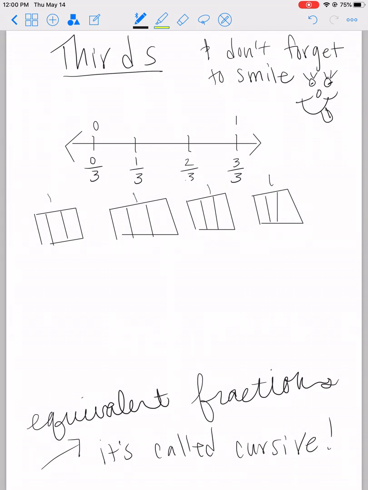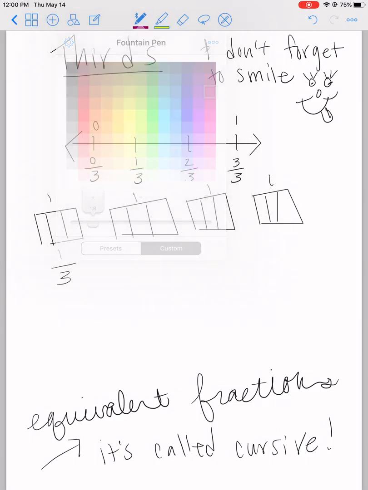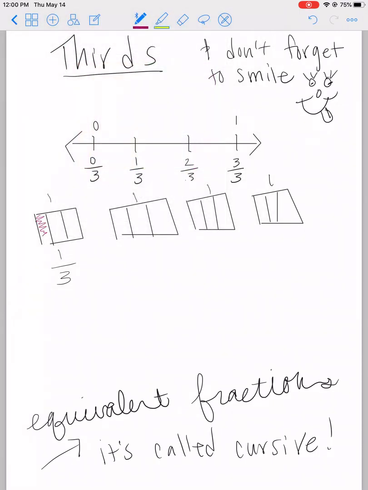And the denominator down below is 3. That's why we're breaking up into thirds. And then we're going to come over here and we're going to write 1/3. So let's go ahead and shade all of the 1/3. Okay, so I'm going to change my color. And I'm going to shade all of the 1/3, all of them. 1/3. Okay.